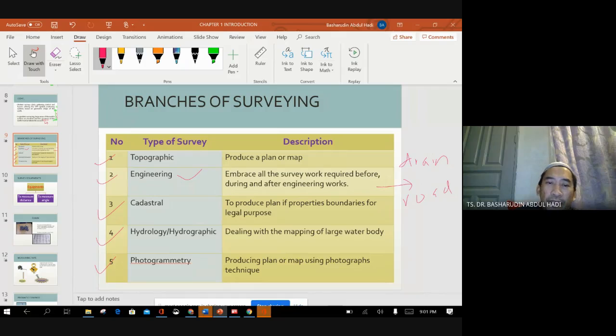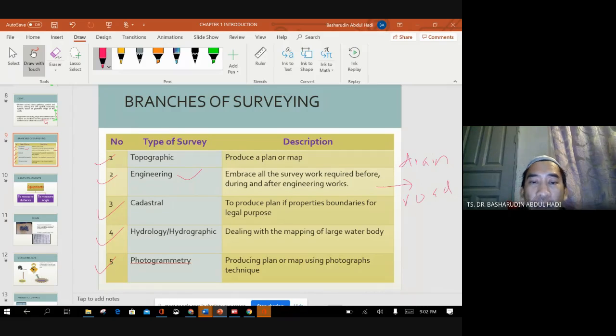Okay? Right. So what is the meaning of this type of survey? Cadastral. Normally cadastral is carried out by a professional licensed surveyor. So you cannot do this cadastral. But if you are involved in that project, you also can examine it. You also can request the data from the professional surveyor.